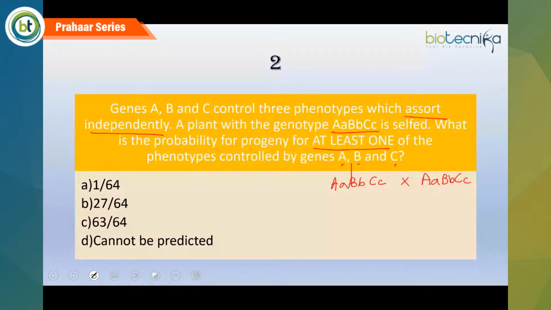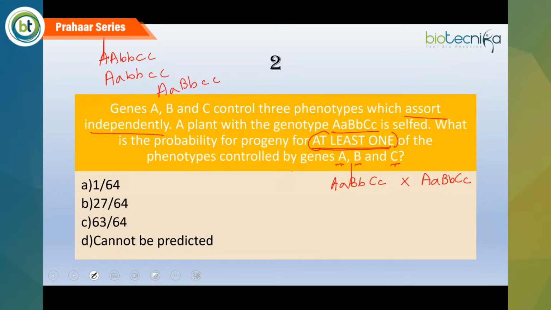What is the probability for the progeny to have at least one of the phenotypes controlled by capital A, capital B, capital C? Basically it is asking about the probability of this kind of progeny, or even this genotype, that is, at least one dominant character is present. When it is at least one dominant character, there is no upper limit. There can be two dominant characters present, or all three dominant characters present.